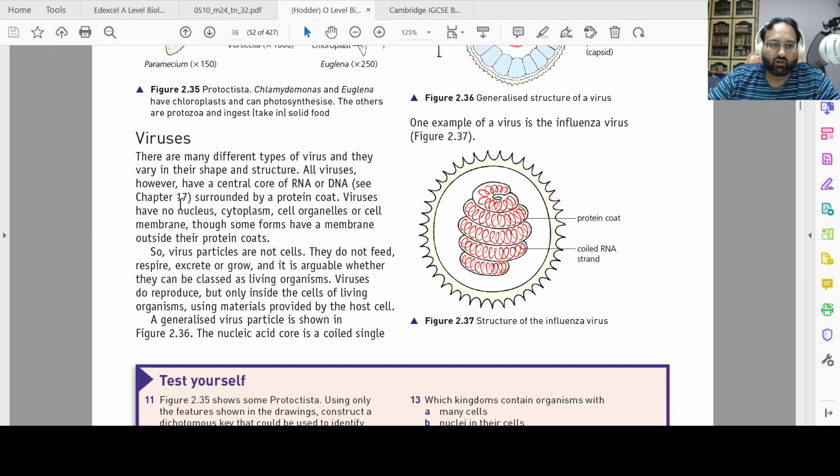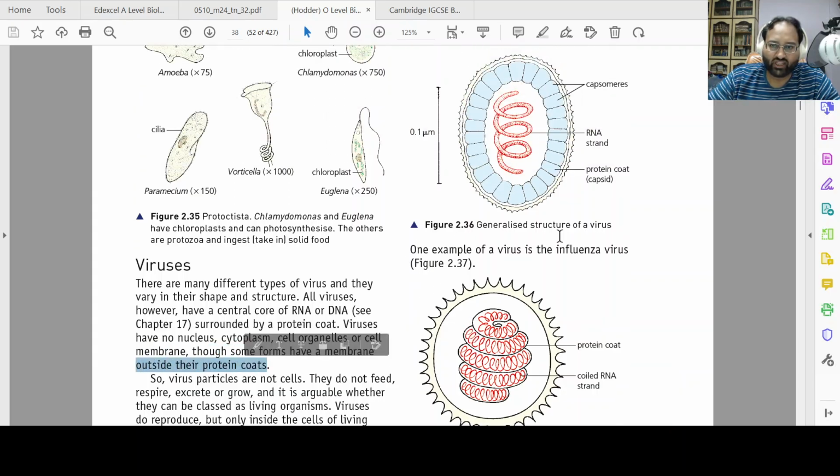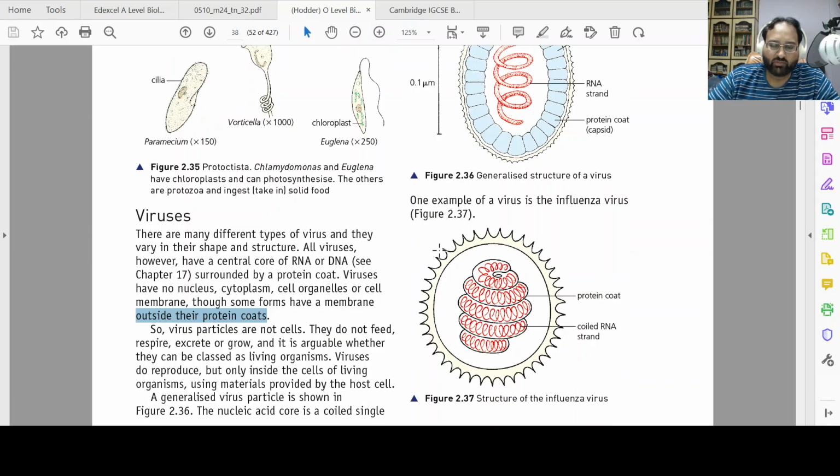Viruses don't have a nucleus, they don't have cytoplasm, they don't have any cell organelles, they don't have a cell membrane, though some forms have a membrane outside. So this is something of a membrane, outside the protein coat, possibly not part of it. This is just an example. The other one as well is maybe a membrane over the protein coat.